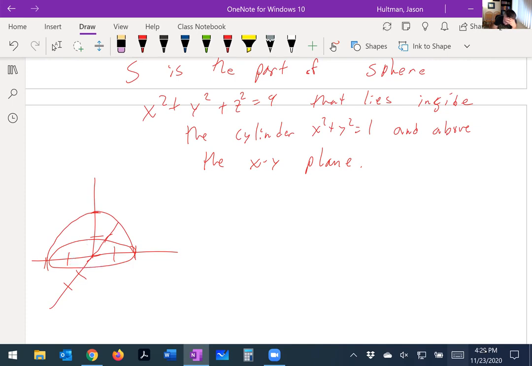Let's draw the cylinder in a different color. Okay, so my cylinder.